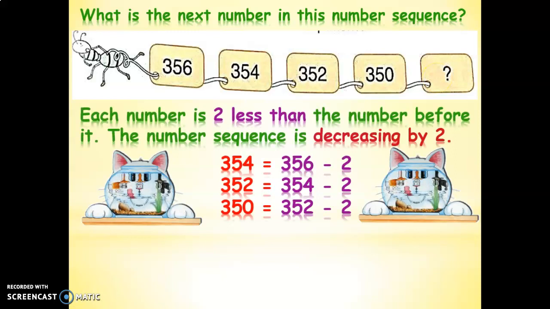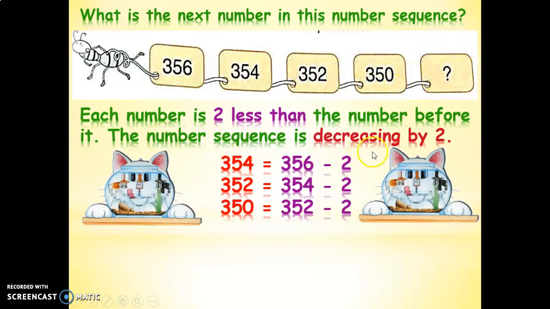From this sequence, we can see that each number is 2 less than the number before it. So 56, now we have 54, which is 2 less than 56. 52 is also 2 less than 54. 50 is 2 less than 52. And the number should also be 2 less than 350.